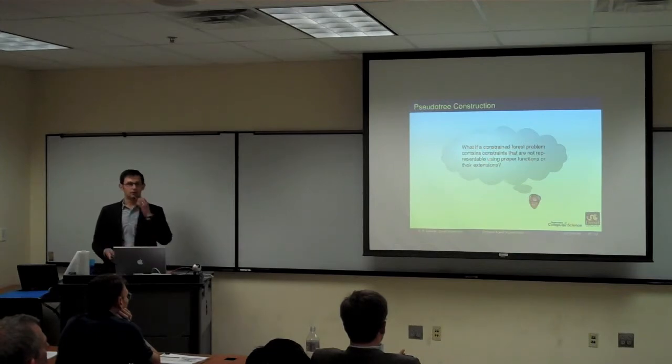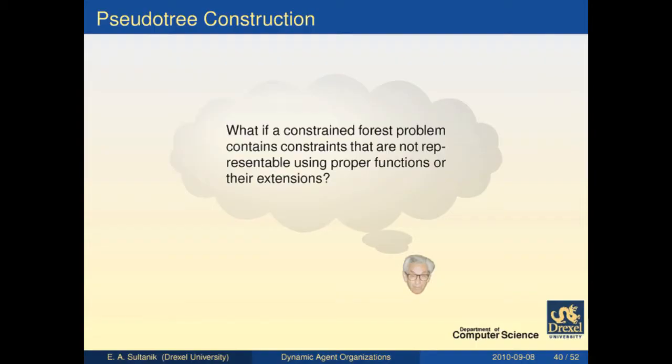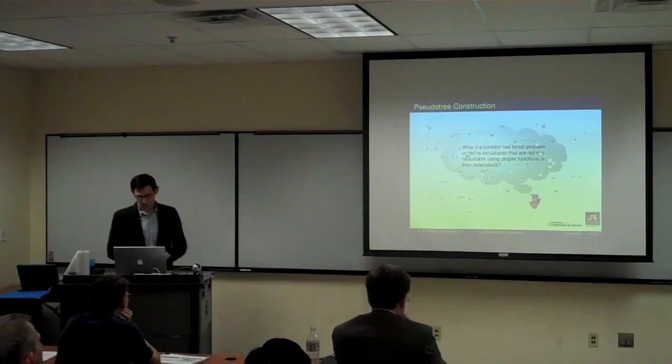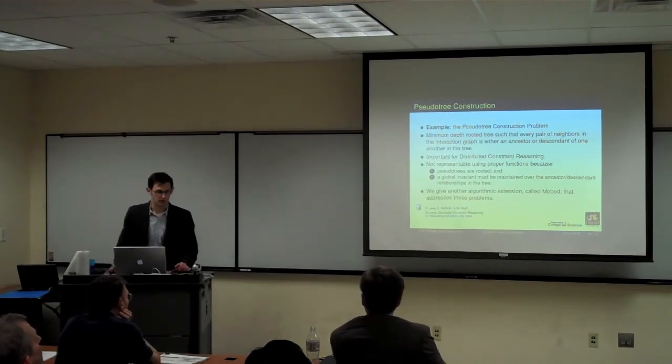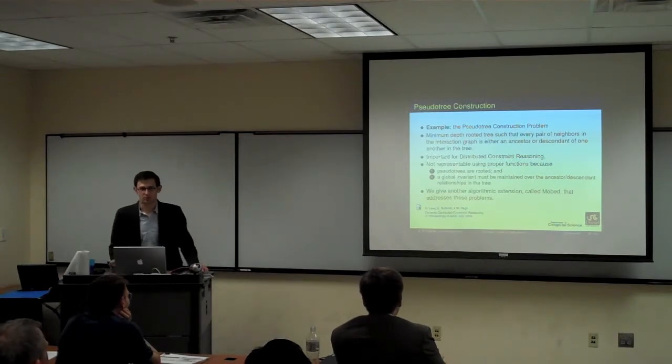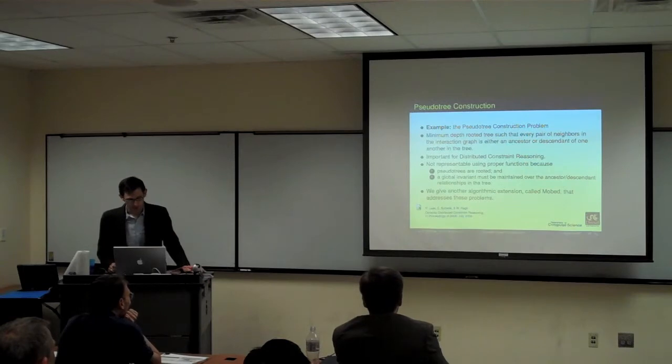Now, another reasonable question to ask is, what if we have a problem that cannot be represented using proper functions? So it's too expressive, or the goal test function is not a proper function. An example of this, which is actually what got me interested in these types of multi-agent organization problems in the first place, is the pseudo-tree construction problem.